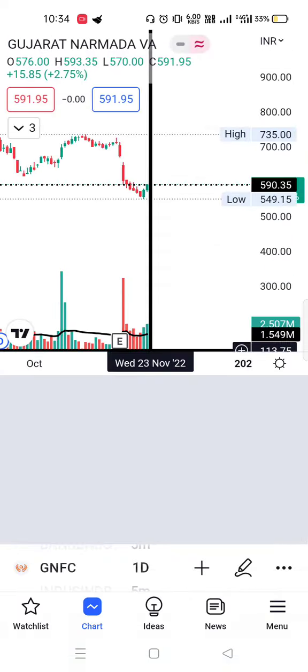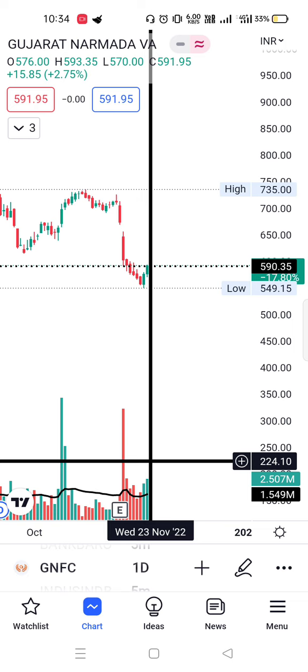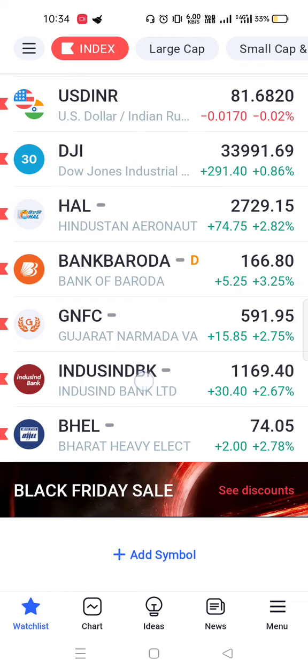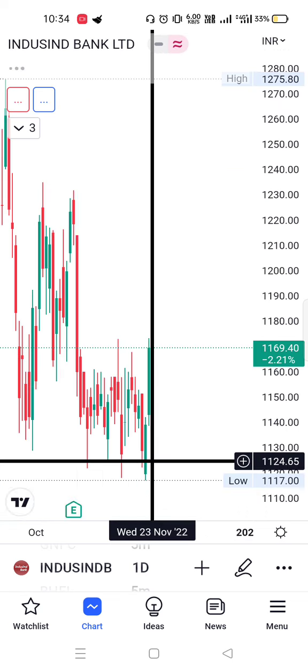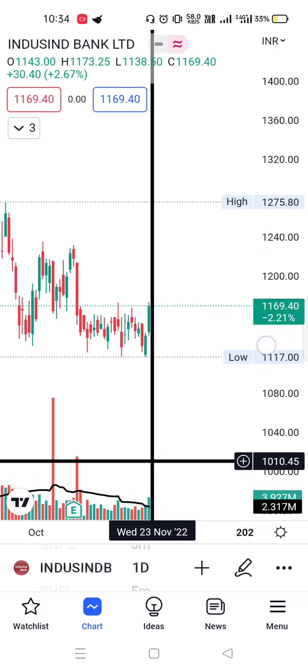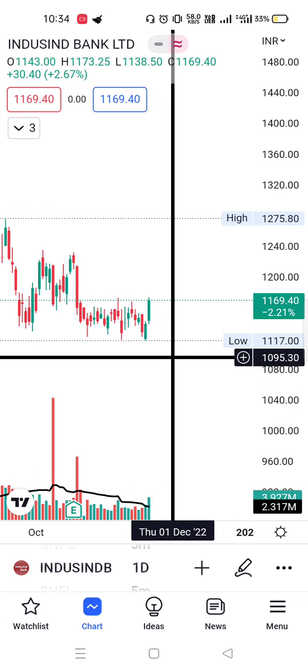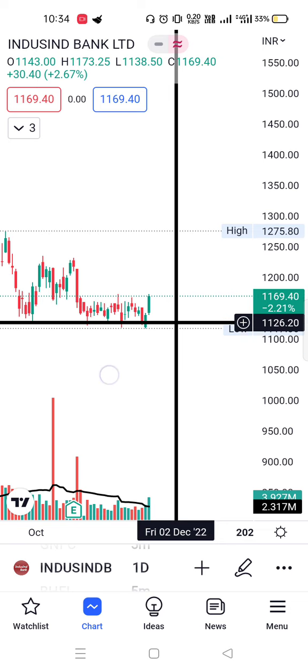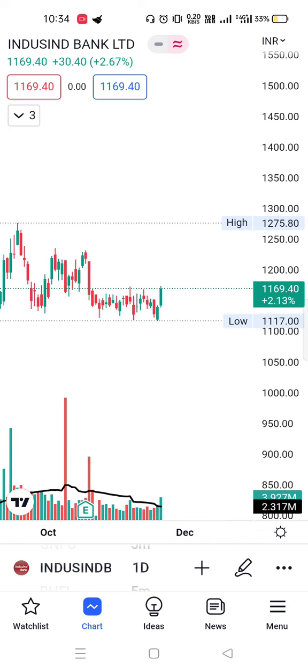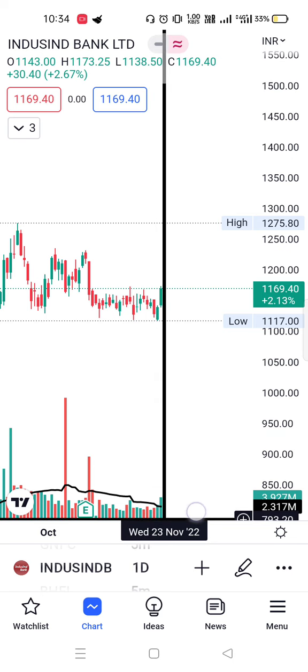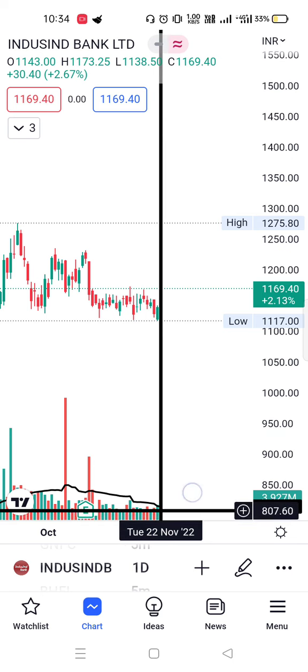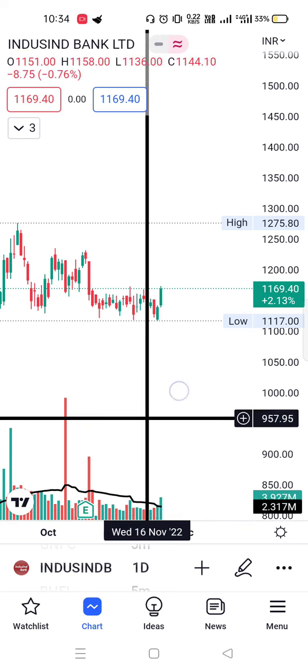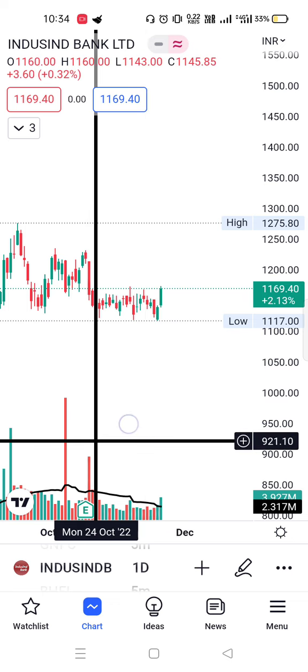And the next one I need to go for is IndusInd Bank. Can we go for the IndusInd Bank? In the IndusInd Bank also it is not preferable to take the trade, because you can check here, the volume chart is increasing, but it is not more than the previous day volume.